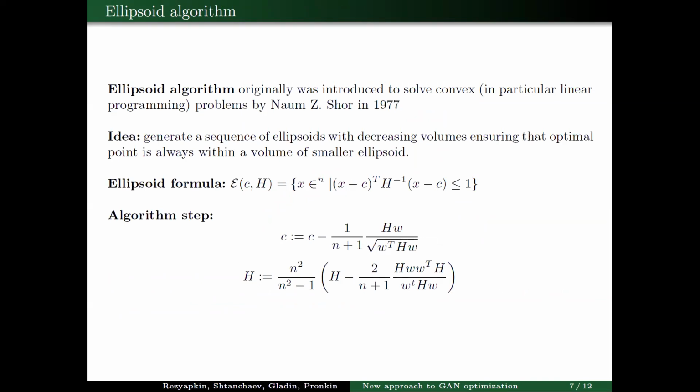Ellipsoid is defined by its center C and the matrix H. And the algorithm step is made as it's written in the formulas, and it has a linear rate of convergence in case of convex functions.